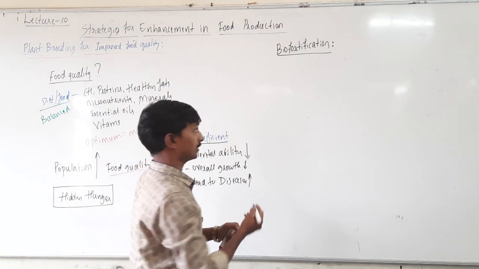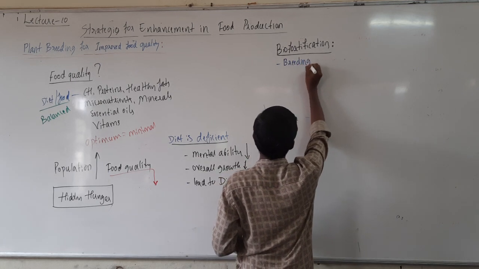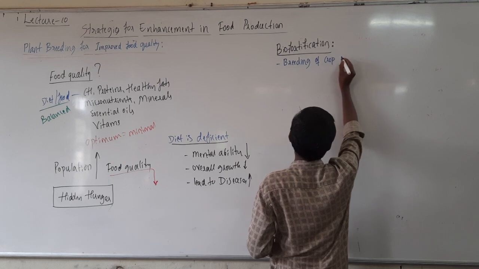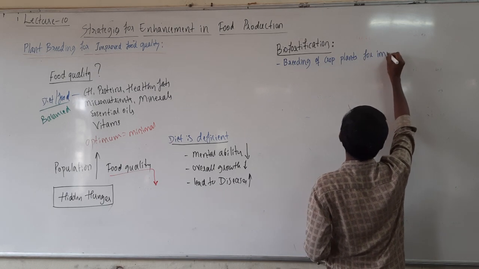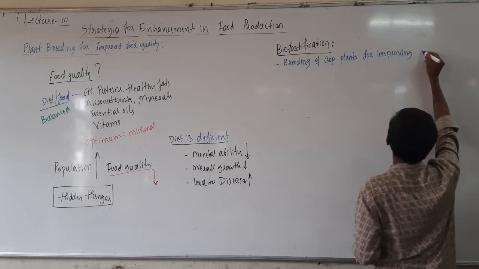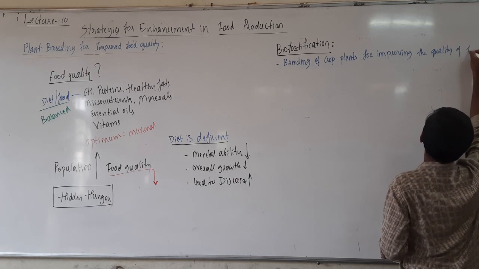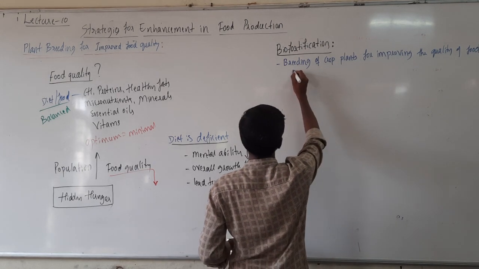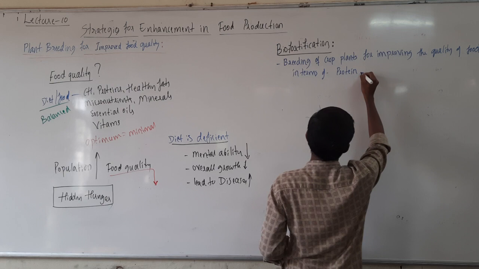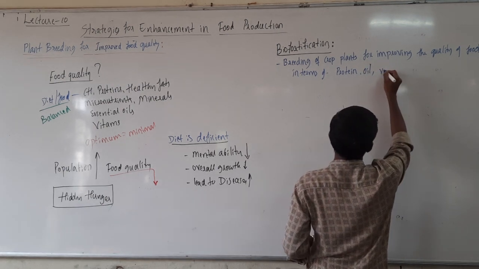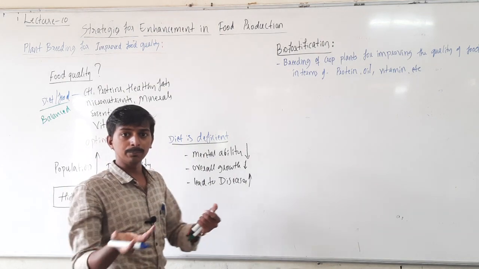It is nothing but breeding of crop plants for improving the quality of the food in terms of protein, oil, vitamin, etc. Simply, plant breeding for improving food quality.